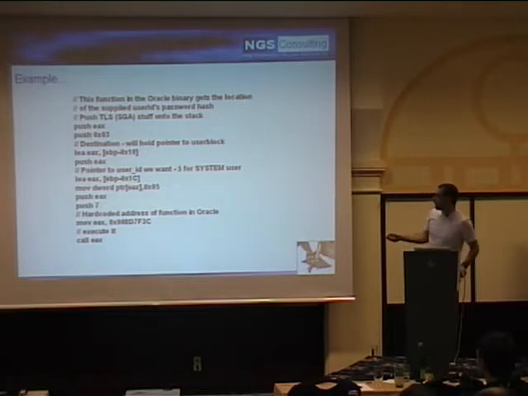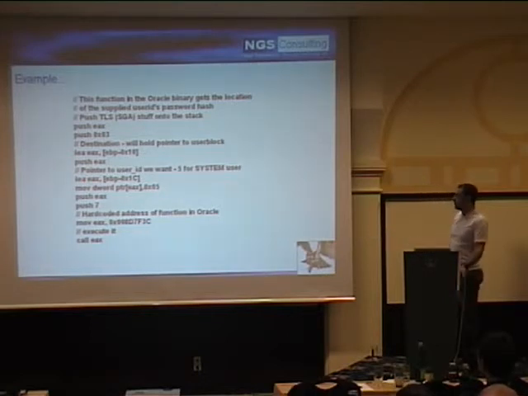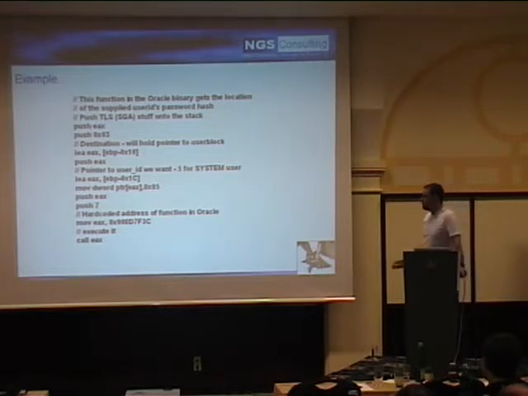Here the user we're interested in is 5, for the system user. So we load into EAX the effective address of the base pointer plus 0x1C, and then we write 5 to that value, push EAX, push 7, move into EAX the address of the function we want to call.